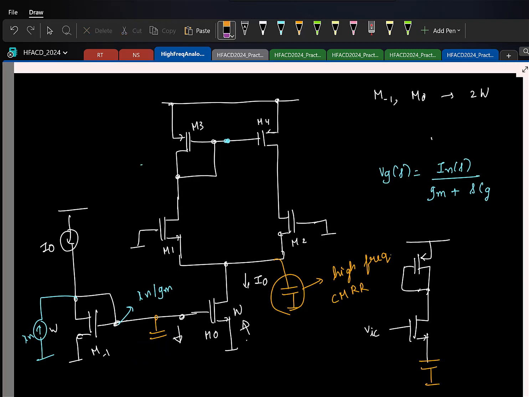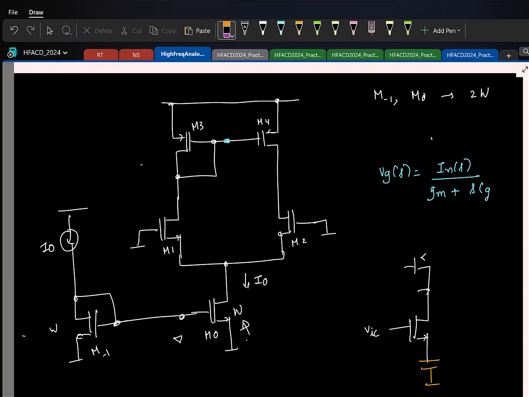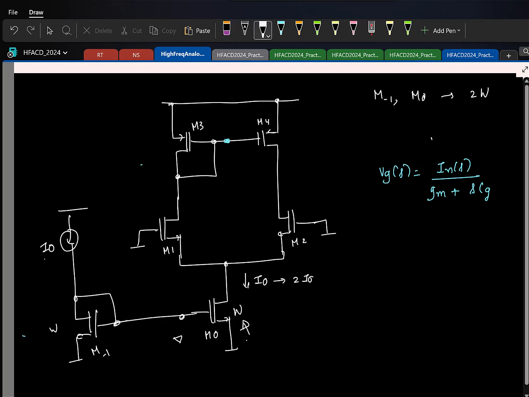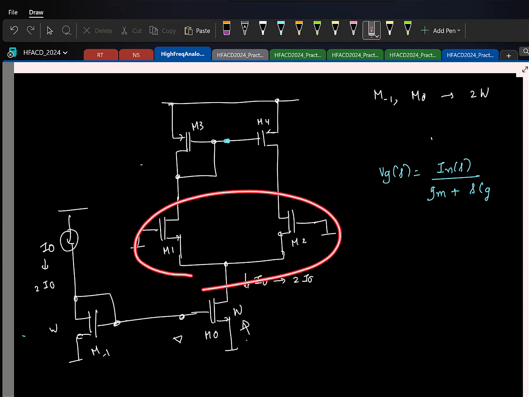So let's do one more thing. Let us say now I increase only the current here. Let's see what will happen to the actual circuit.